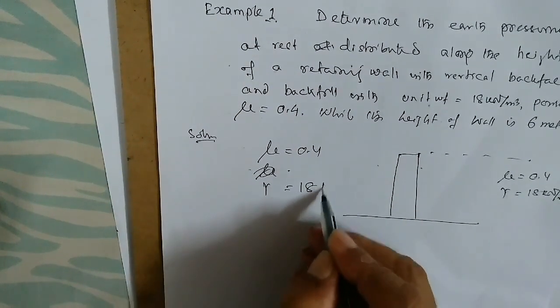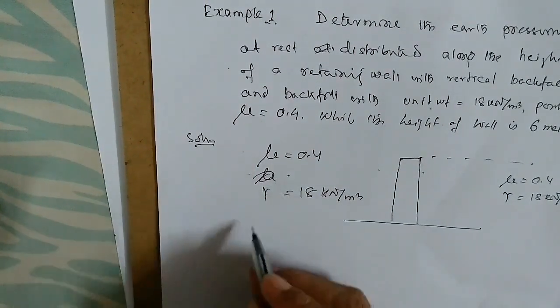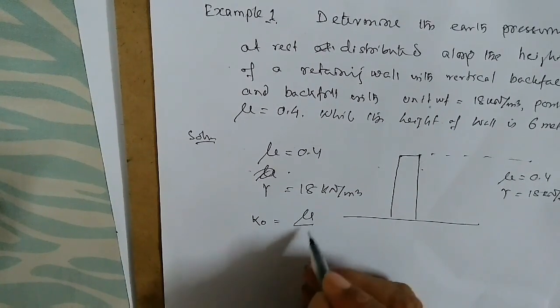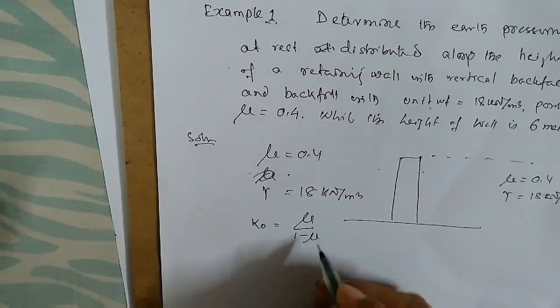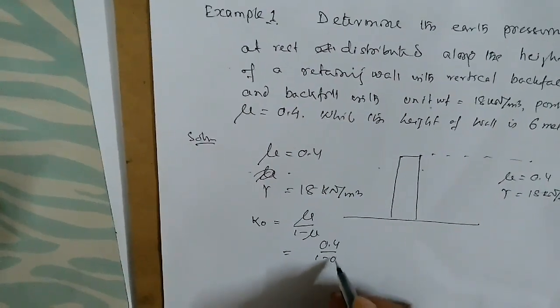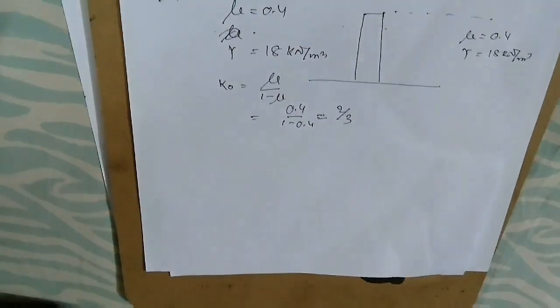After writing mu, first write K0. We know K0 is equal to mu by 1 minus mu, that would be 0.4 by 1 minus 0.4, that is 2 by 3.